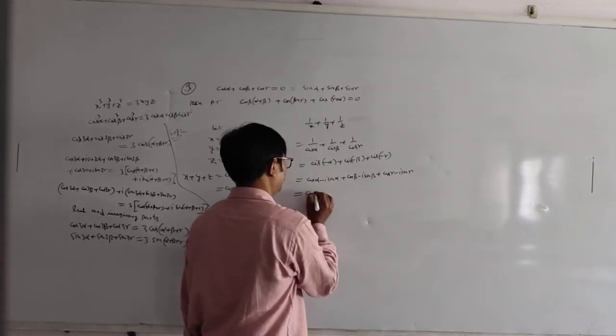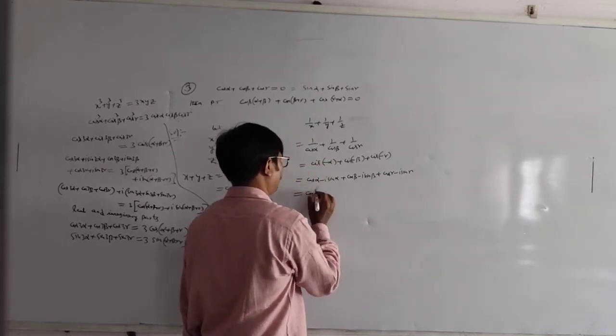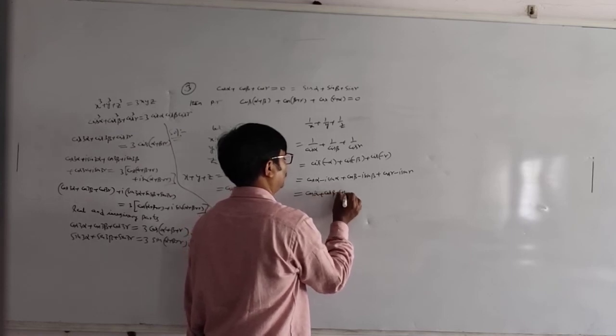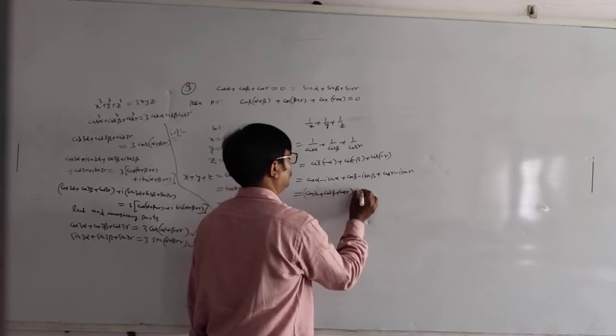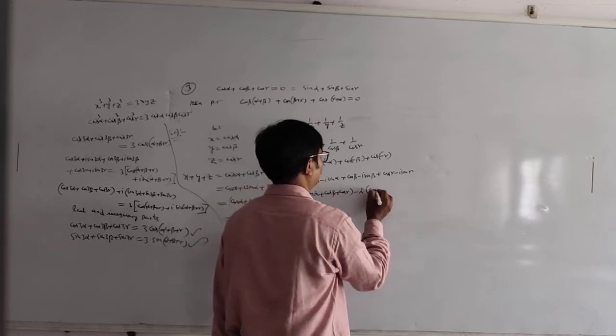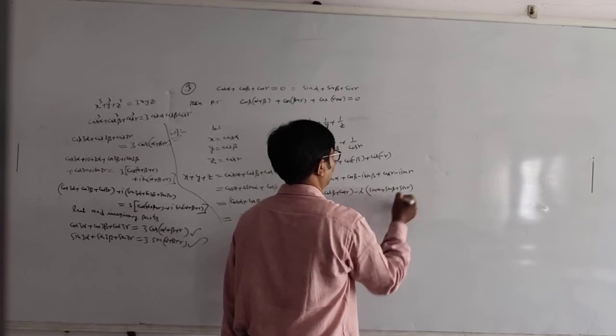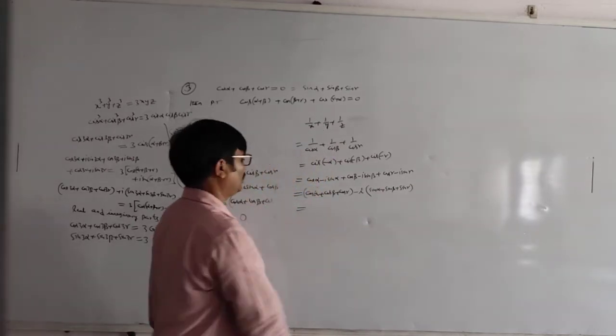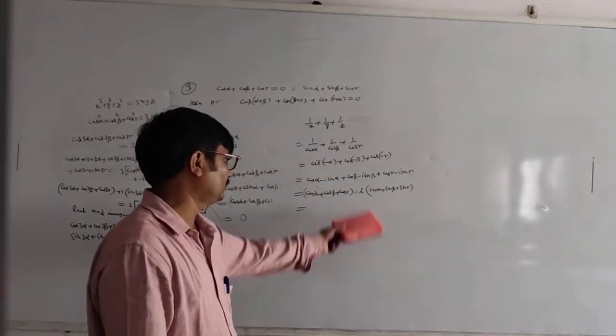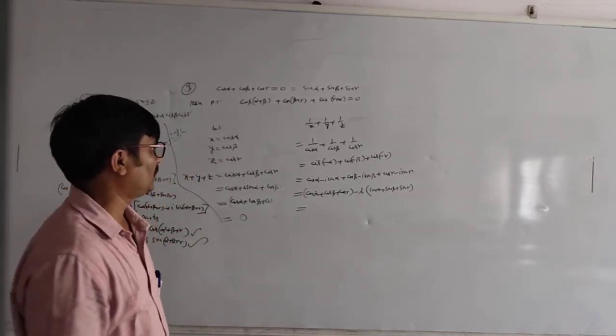So students, cos alpha plus cos beta plus cos gamma, minus i is the common factor, sin alpha plus sin beta plus sin gamma.